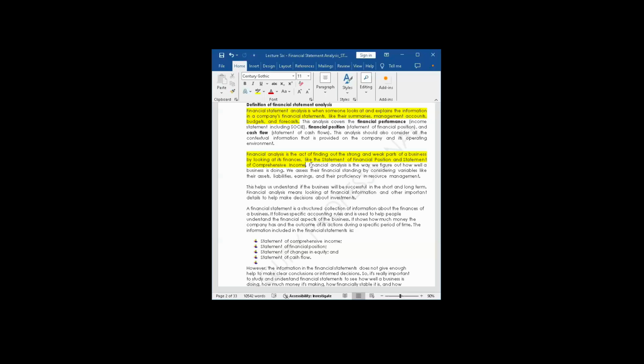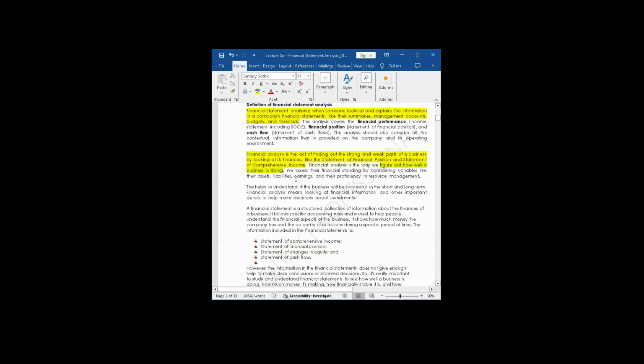That is a strength. So financial analysis is also an art of looking at those strengths and weaknesses in the financial information, and it's a way we figure out how well a business is doing.